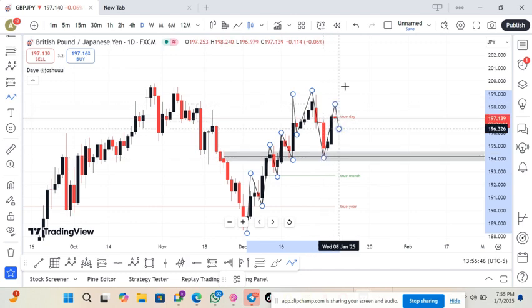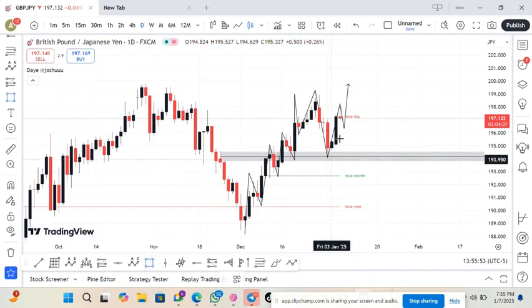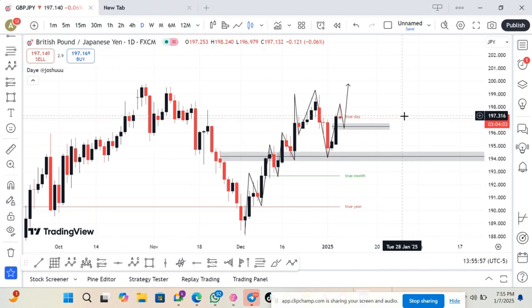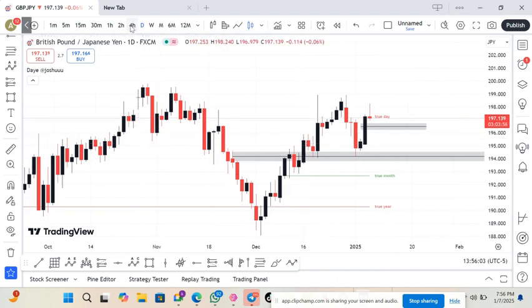Daily is now bullish. Daily is bullish. We establish that as well. Then we'll go to 4 hours.